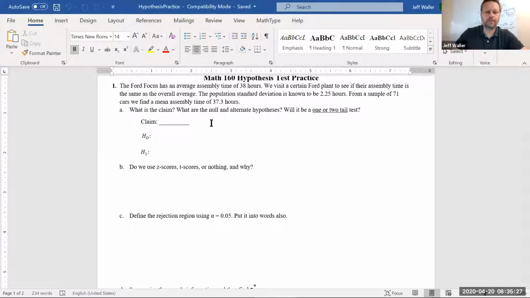Do the first two steps, A and B. The first thing I would do is ignore the stuff about the sample for now, because it's not time for the sample yet. The sample comes in on step 4, part D.